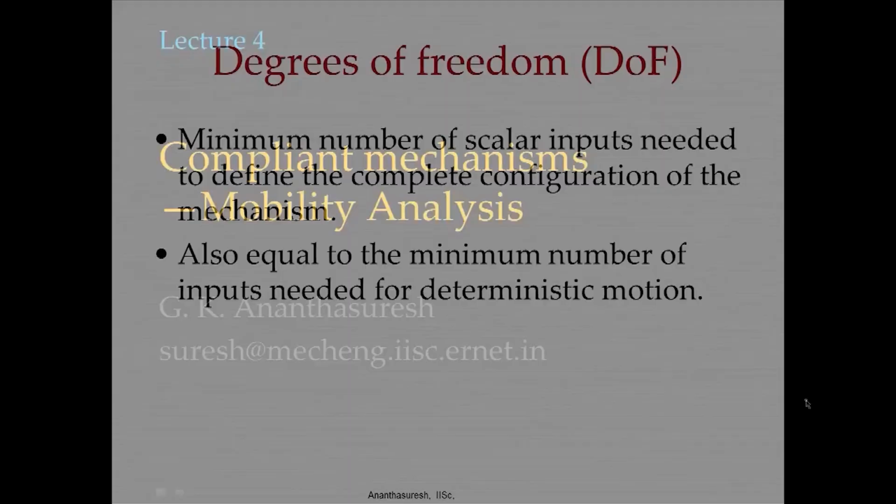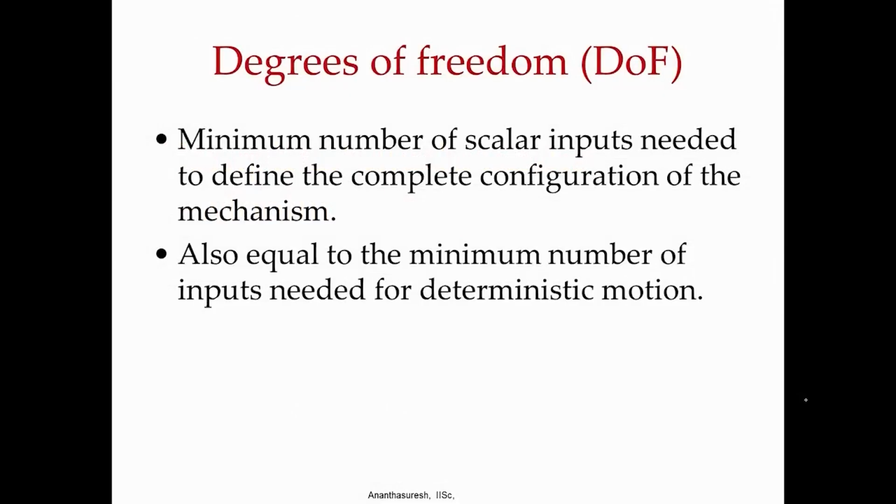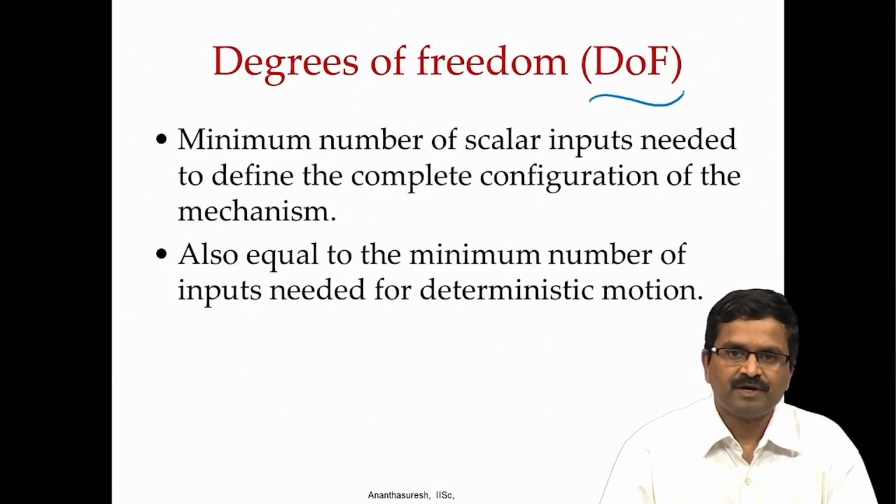So, if we look at the mobility analysis, the first concept that we need to concern ourselves with is the number of degrees of freedom, or as we call it, DOF. We want to determine the degrees of freedom of a mechanism. And what is DOF?